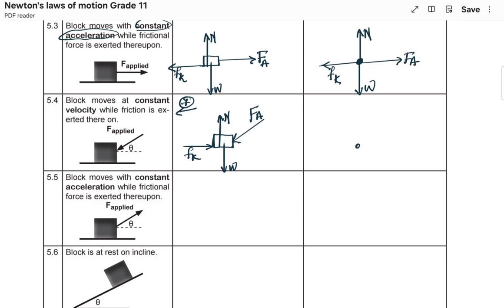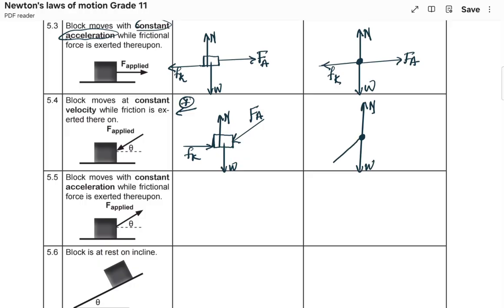Then this side I'll be having the dot. Because this is the free body diagram, there will be normal. So I'm having the weight.